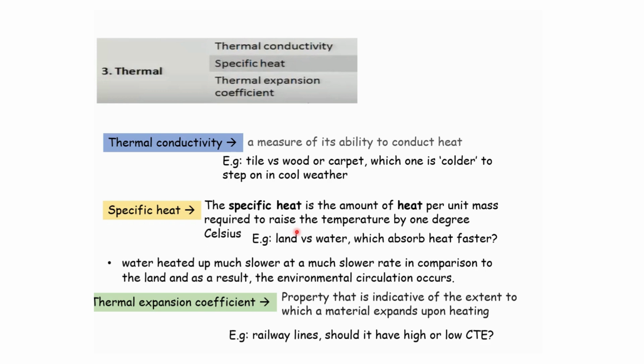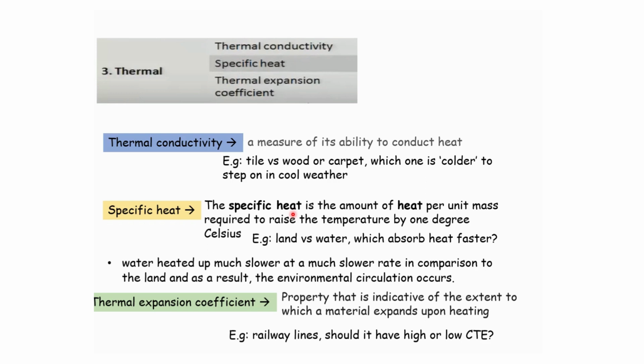And the third one is the thermal expansion coefficient. It measures how much a material expands when heated. It is caused by bonding forces in molecules, and it varies between different types of material.